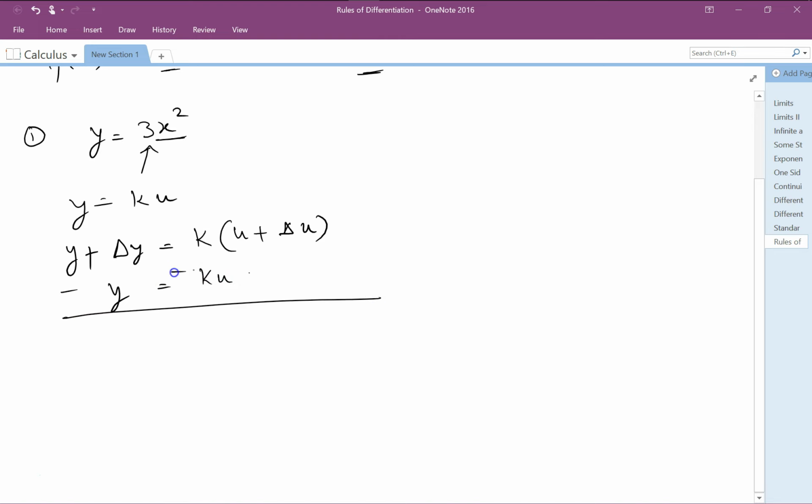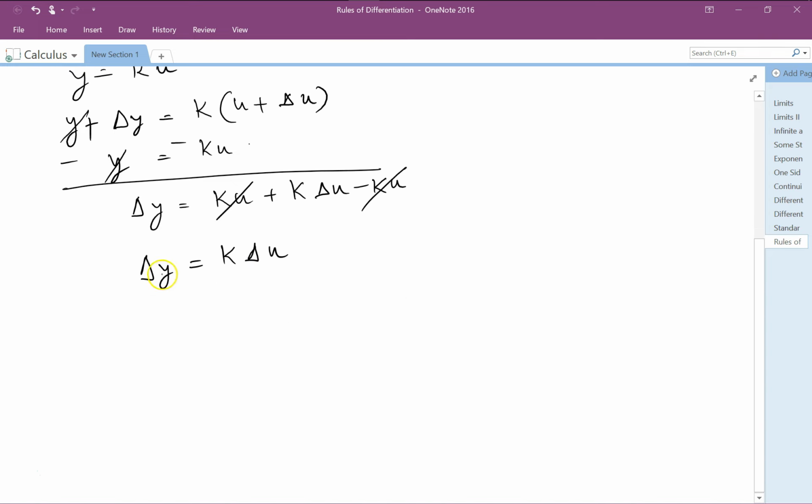Let's subtract. So y disappears. We are left with delta y is equal to ku plus k delta u minus ku. So this and this disappears. We are left with delta y is equal to k delta u.